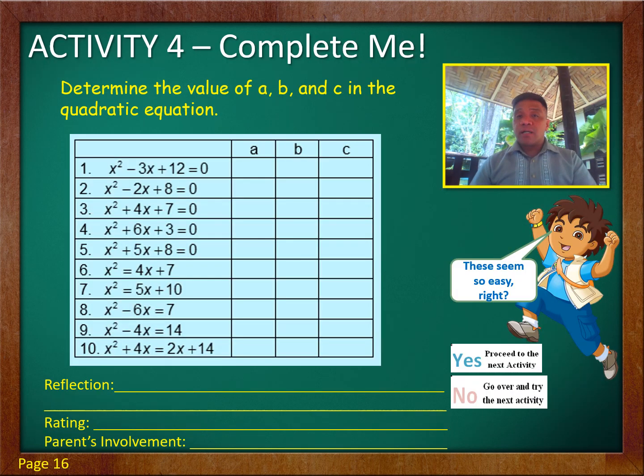Then we also have activity number 4. We're going to determine the numerical coefficients of the quadratic term, linear term, and constant term, relative to the quadratic formula.